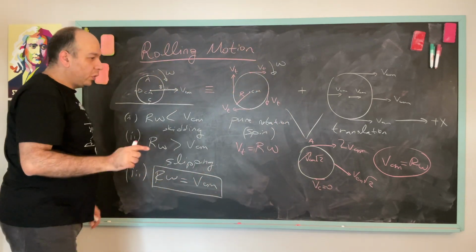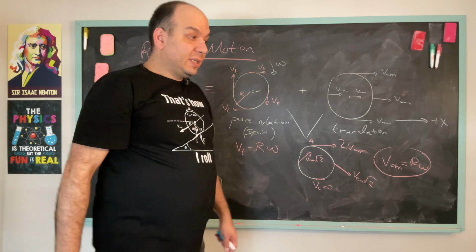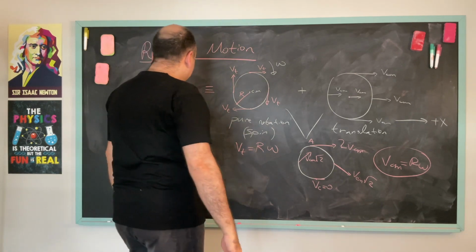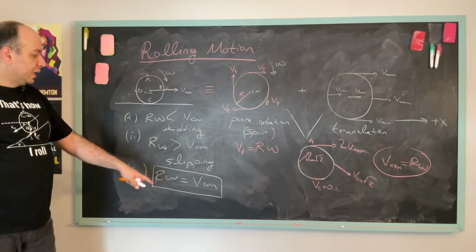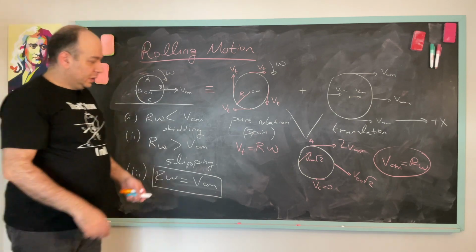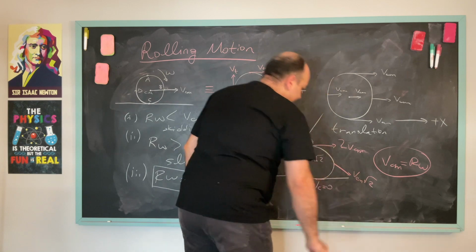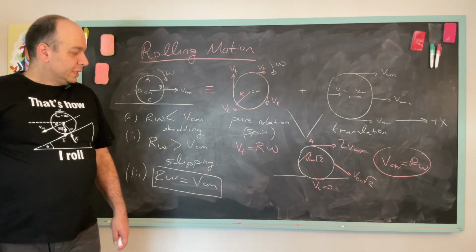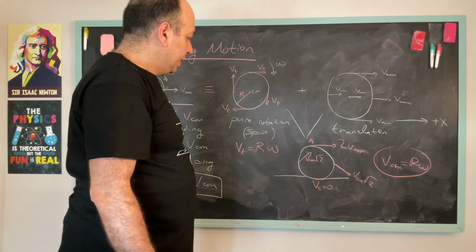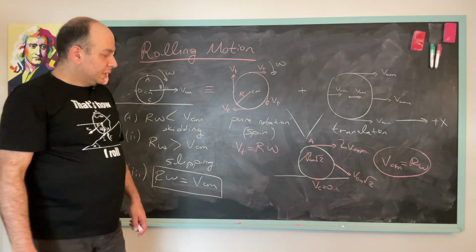So the point of contact is going to be at rest at all times if it's a rolling motion without slipping or skidding. Point of contact is at rest. Okay? This is a really interesting property.